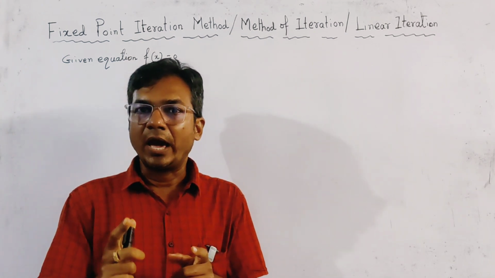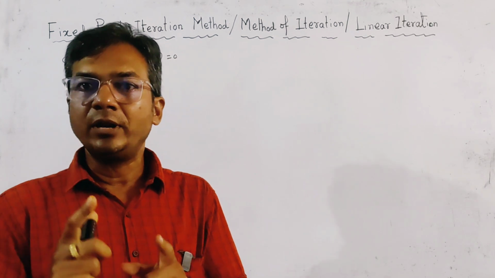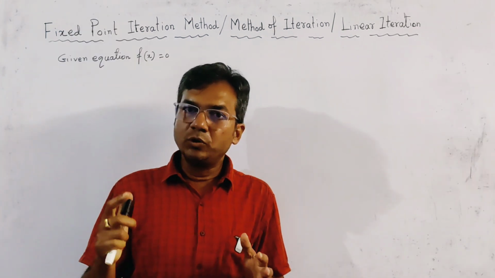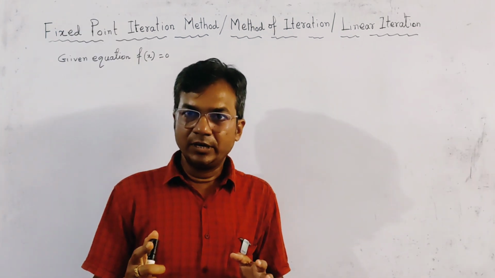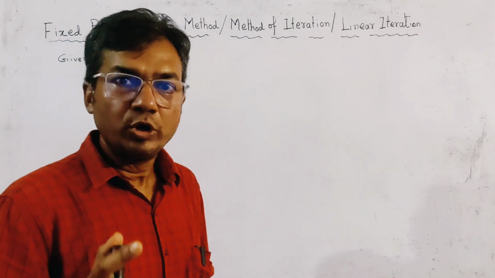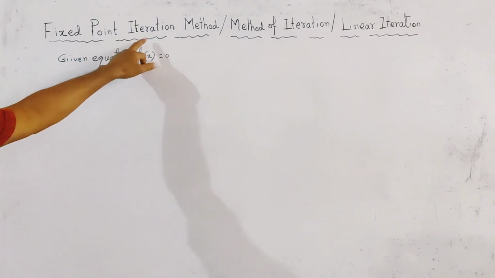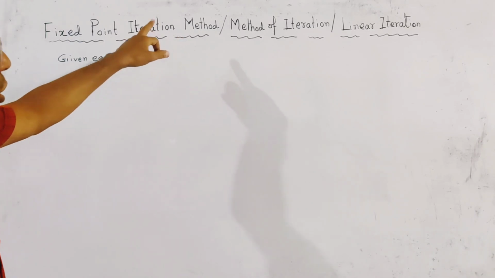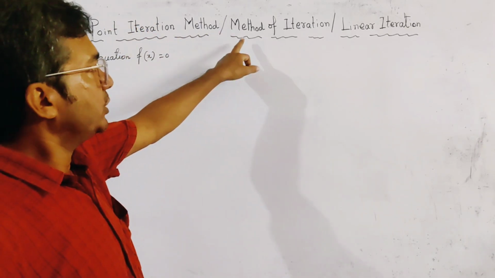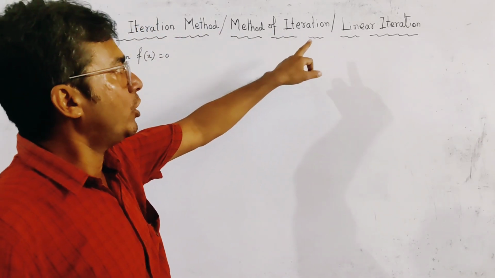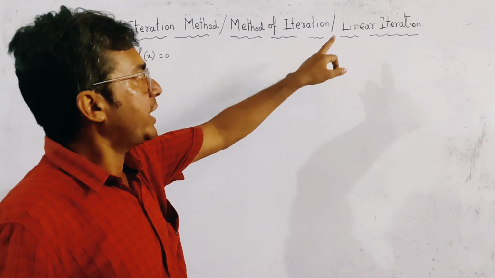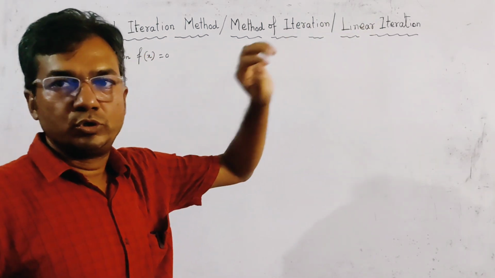Today's discussion is about a numerical method to solve an equation numerically. The method is known as the fixed point iteration method, or the method of iteration, or the linear iteration method.